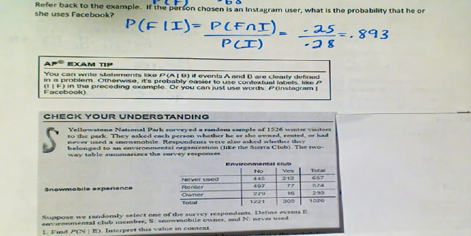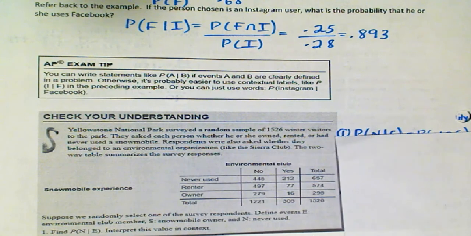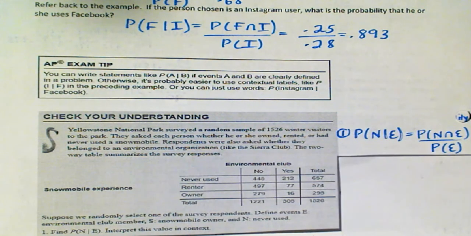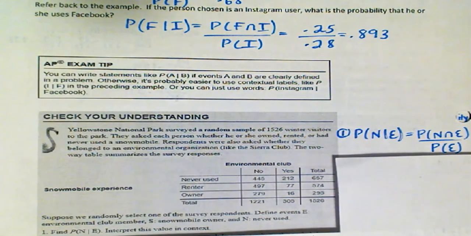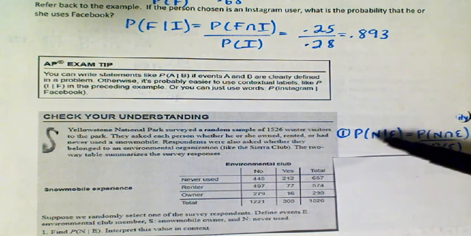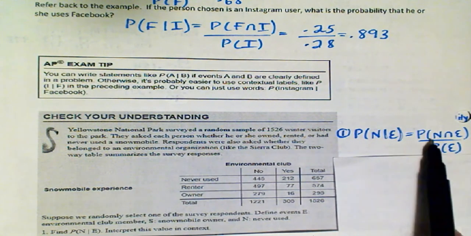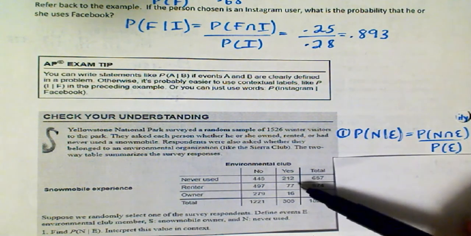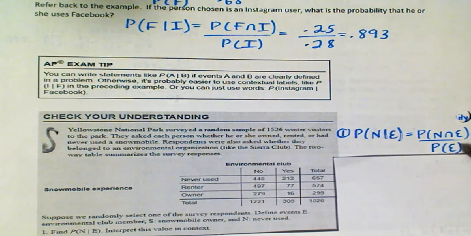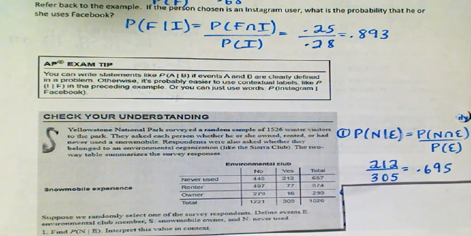So we'll see what happens here. All right, so first thing I did, look what I did is I wrote down the formula. Probability of N given E is the probability of both divided by the probability of E. So what's N and E? Never and yes is 212. And then the probability of E is 305. So it's 212 over 305, which is 0.695.